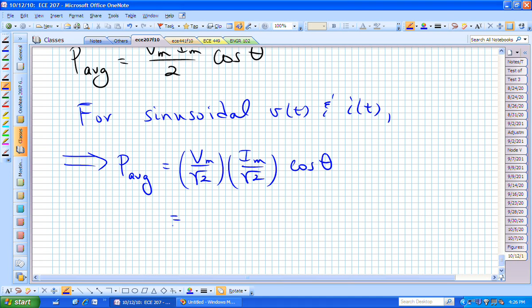Did we call that something else? That's the RMS value of the voltage, isn't it? And I sub m over the square root of 2 is, for a sinusoid, the RMS current, all times cosine of theta. That's our average power, which is in watts.